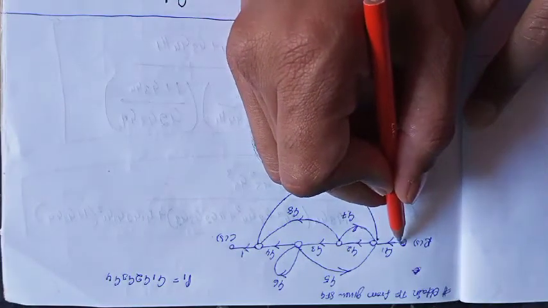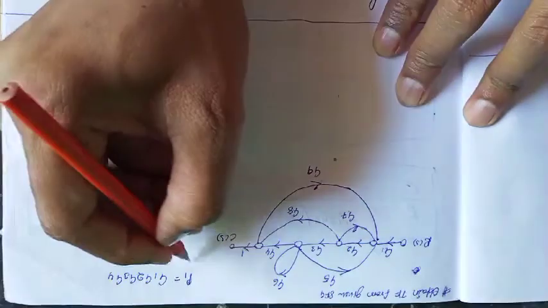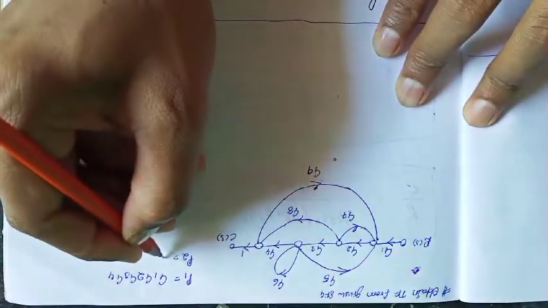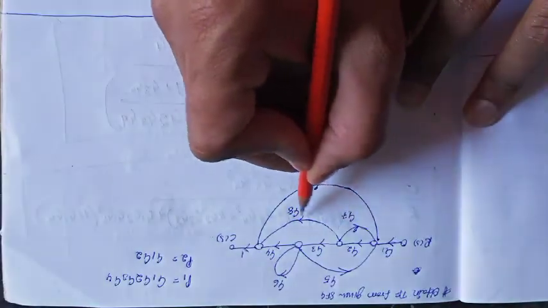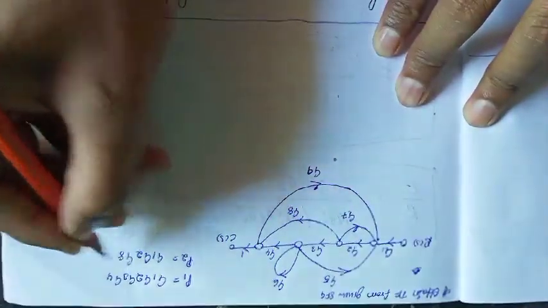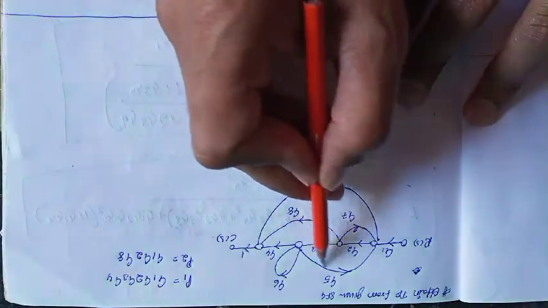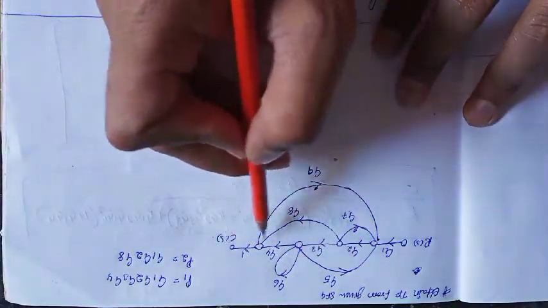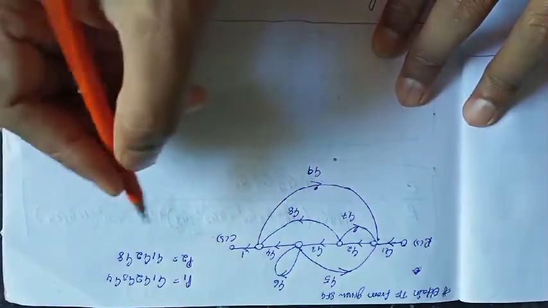Now the second forward path is G1, G2, G8 and into 1. That is P2 equals G1, G2 and G8. The remaining are not forward paths. These are the two forward paths.